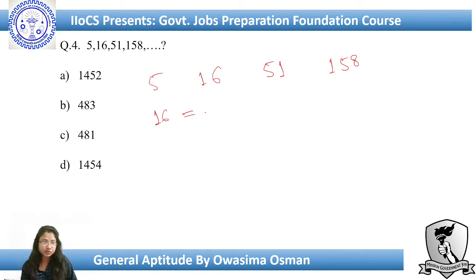So we can write 16 equals 5 into 3 plus 1, then we will get 16.